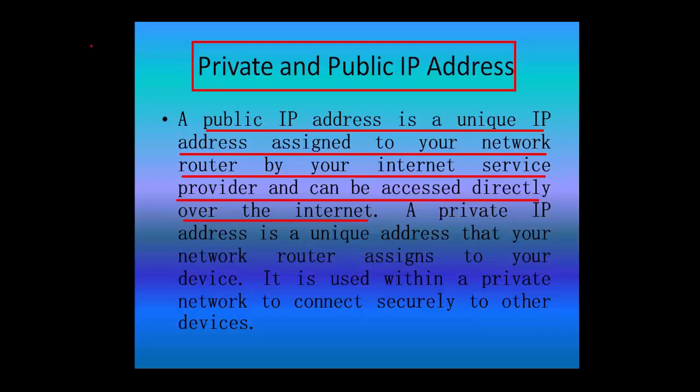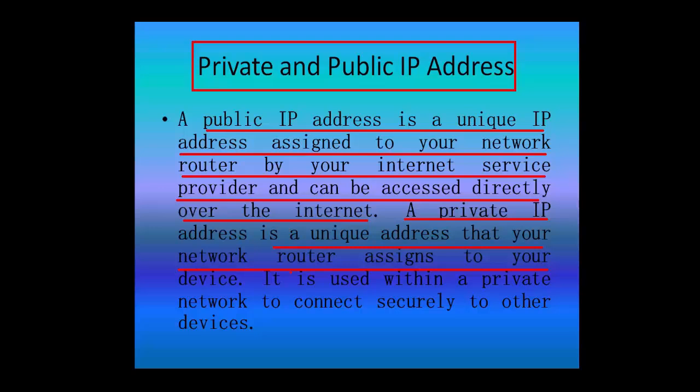And a private IP is a unique address that your network router assigns to your device. We have done the subnetting, we have done the VLSM. You configure that IP series on your router or any DHCP server, or you can do it statically inside your network.